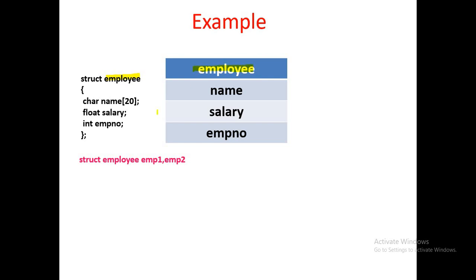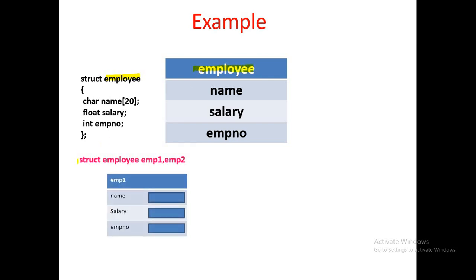In order to create the memory location, we have to make use of struct employee. This is the user-defined data type, you can consider it like that, and employee 1 and employee 2 are the variable names. What will this employee 1 contain? It acts like a copy of what we have referred to as the structure. That is, employee will contain name, salary, and employee number.